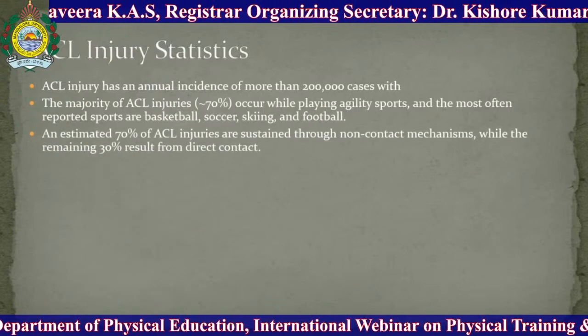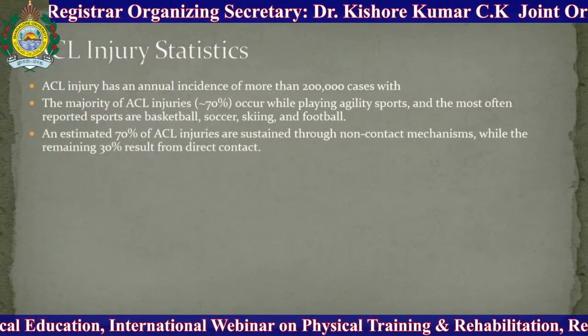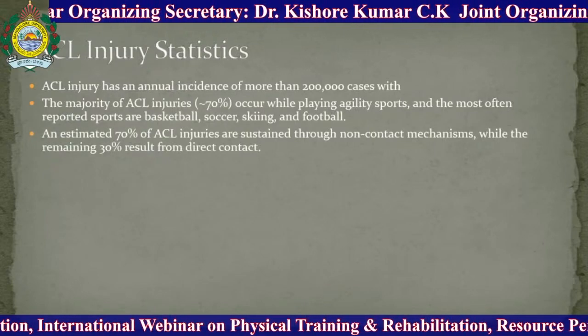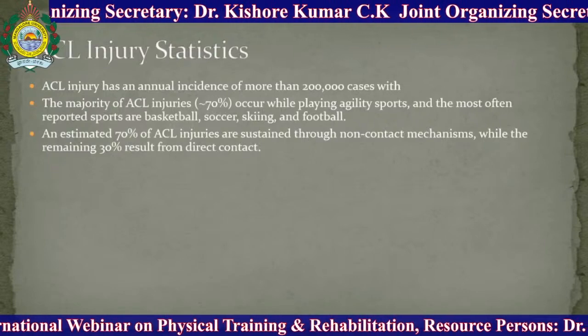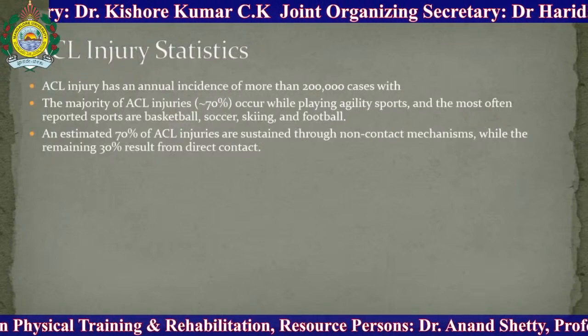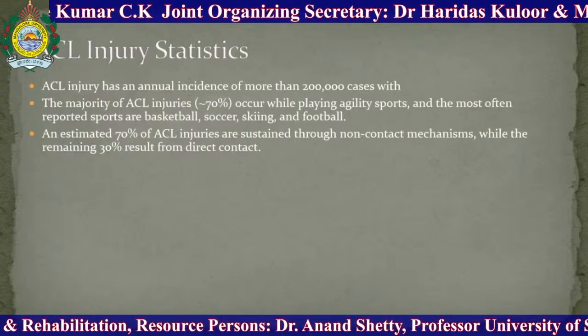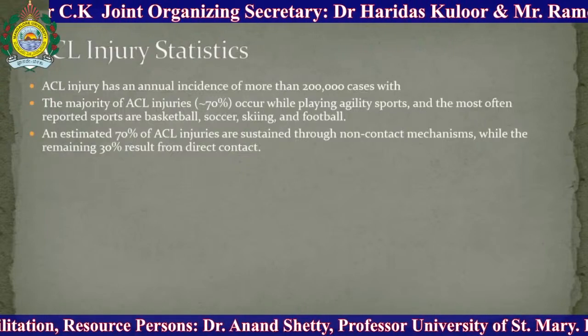It's estimated that most of these happen when the ACL just gives out under too high of mechanical forces, i.e. you have twisted, you are torquing the knee, you are pivoting off the knee in such a way that it gives out and tears that ligament.